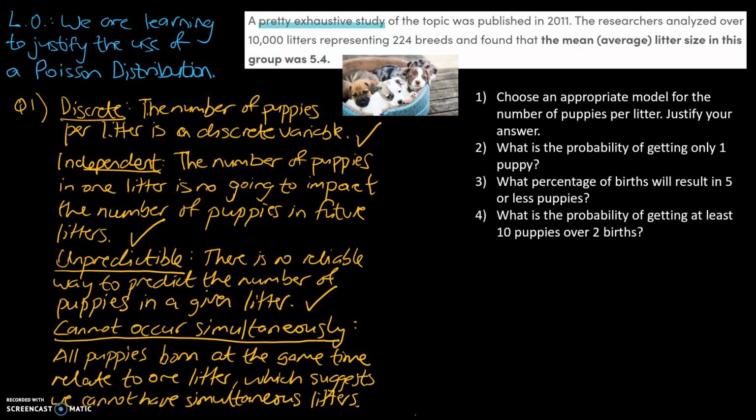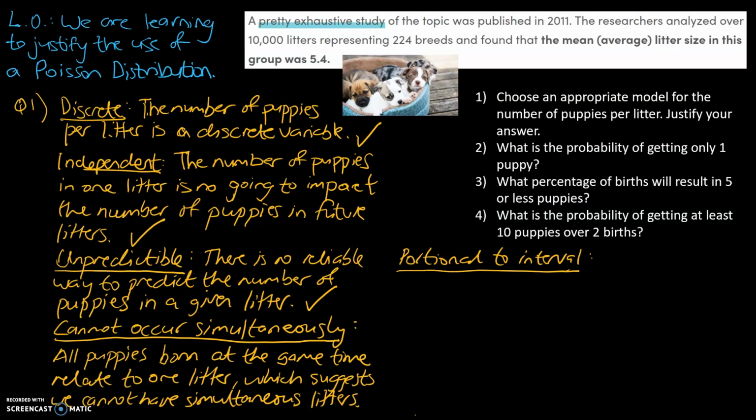And the last assumption is that events must be proportional to the interval. What that means is I would expect more puppies from 2 births than 1 birth. If I increase the interval to 3 births, I would expect even more puppies, 4 births even more again, and 5 litters, there'll be more puppies.